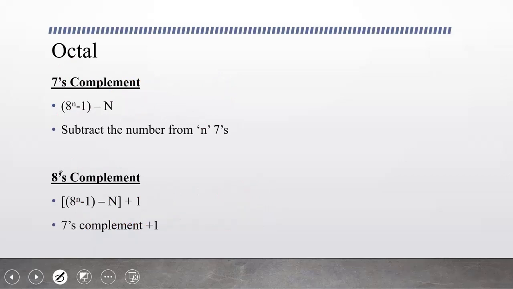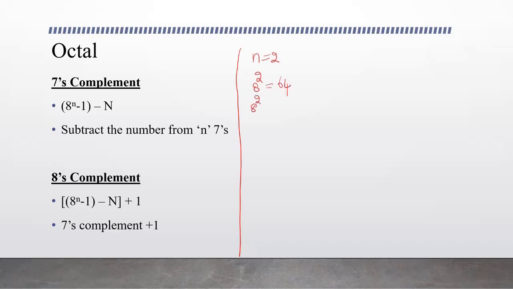In the same way, for an octal number R is 8, so we can find the 7's complement and 8's complement for an octal number. Here when n is equal to 2, 8 power 2 is 64, 8 square minus 1 is 63. The octal equivalent of 63 is 77.